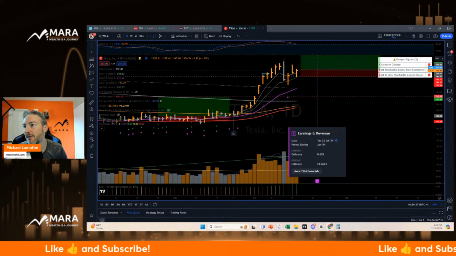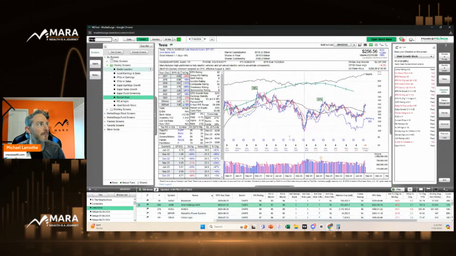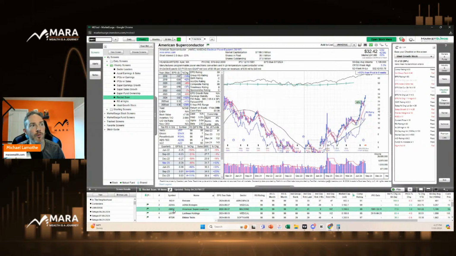All right, back to the questions. Here is one that the screeners found that I'm in right now. Let's go back to that rocket scan screen. And here is one that I bought just the other day, AMSC.